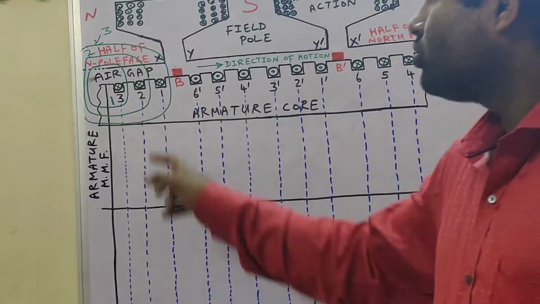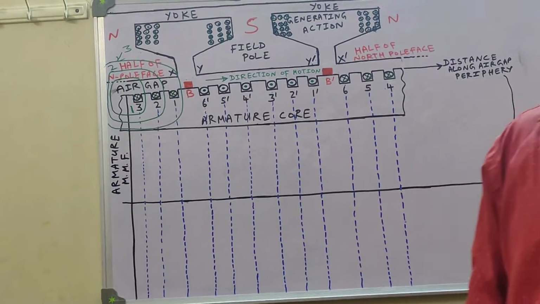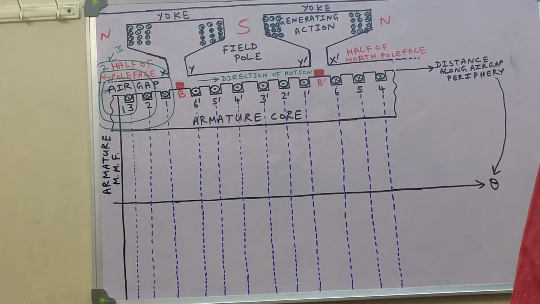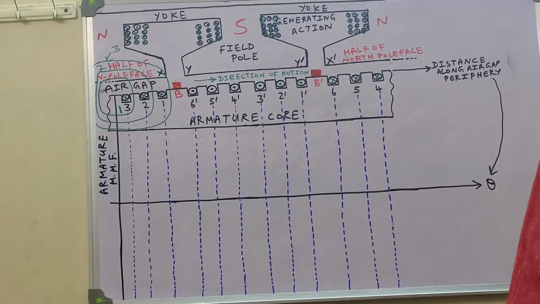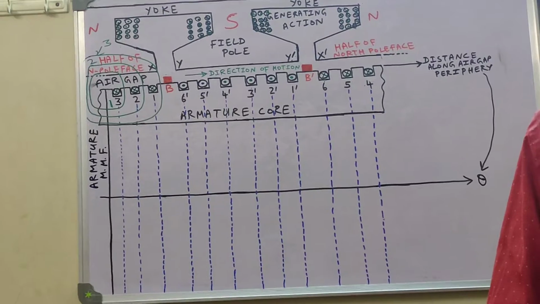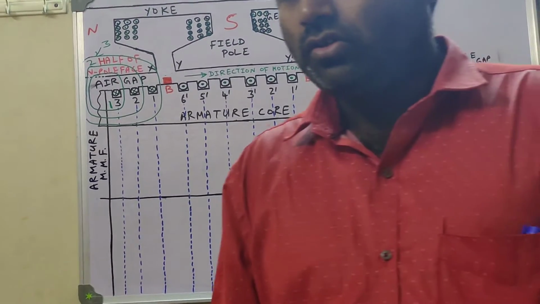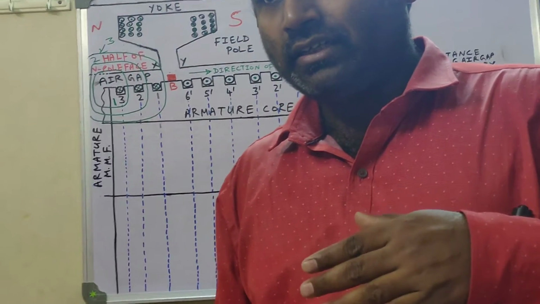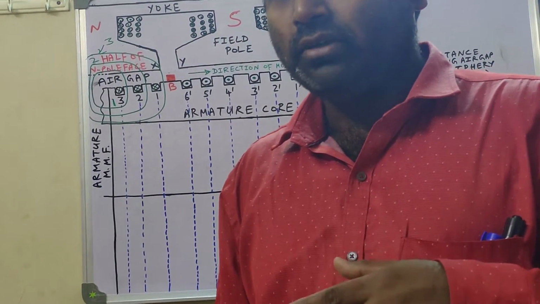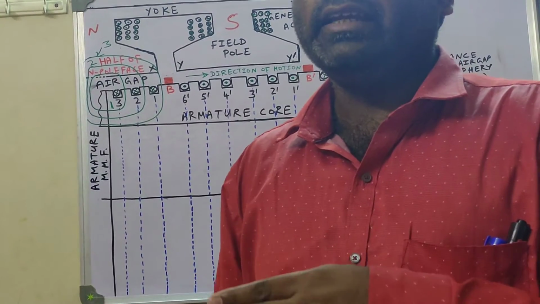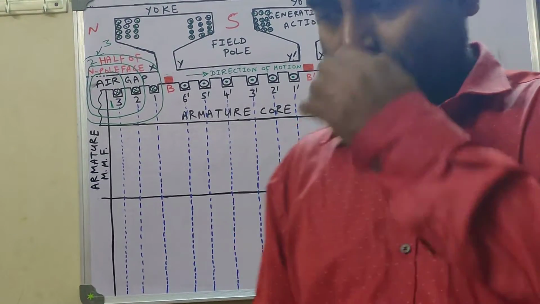So the current enclosed by path 1 will be n into Ia by A. Why n into Ia by A? Because Ia by A is the current carried by each armature conductor. Ia is the armature current entering the brush of the DC machine, and if there are A parallel paths in the armature circuit, each path will carry a current given by Ia by A.